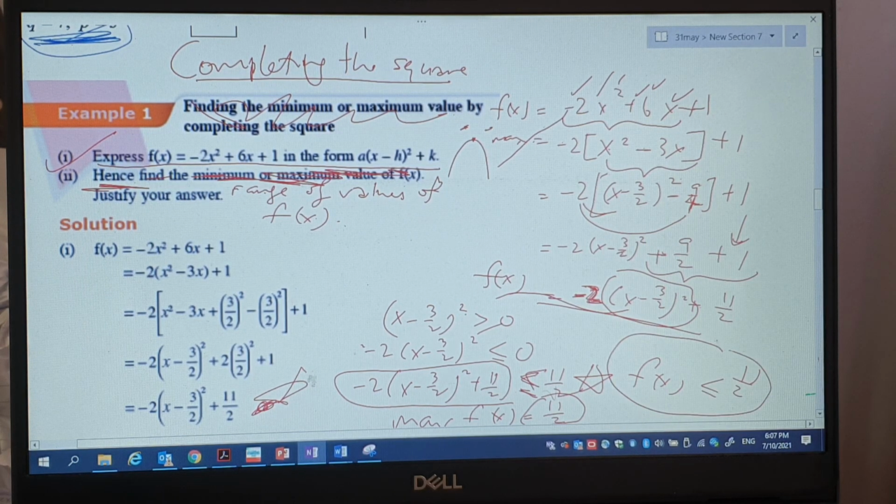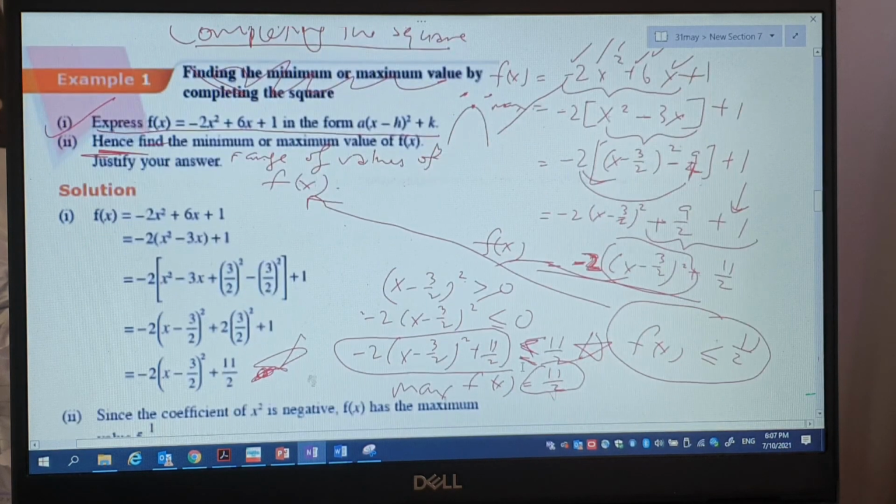That will be your answer for this kind of questions. Okay, but for this particular question, they ask you find maximum or minimum value, you state that particular value only. That particular value. Okay, clear?